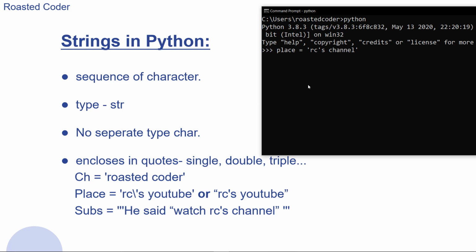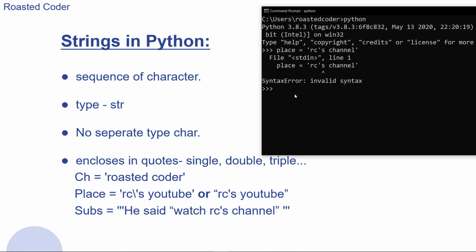It will throw an error because the first single quote started here and ended here, so there is an extra part outside for the variable, and it will throw an invalid syntax error.